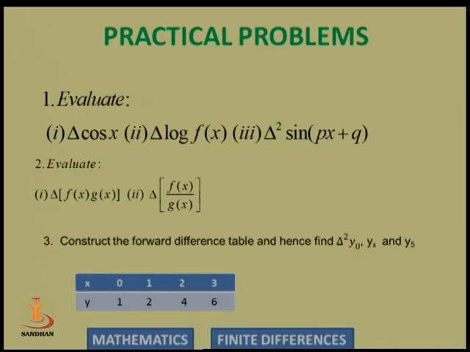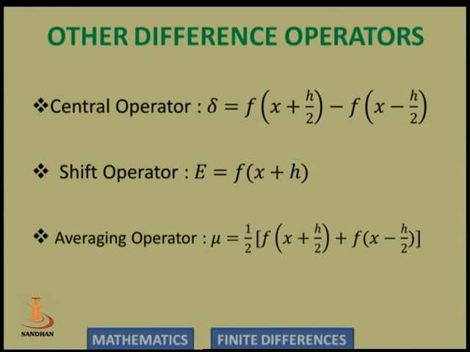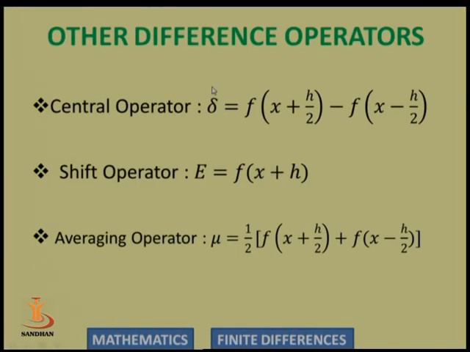Apart from forward and backward differences, we have some other difference operators also which are useful for different calculations. Amongst them, we have the central difference operator, that is delta. The delta operator is also called the central operator, which is defined as f of x plus h by 2 minus f of x minus h by 2.